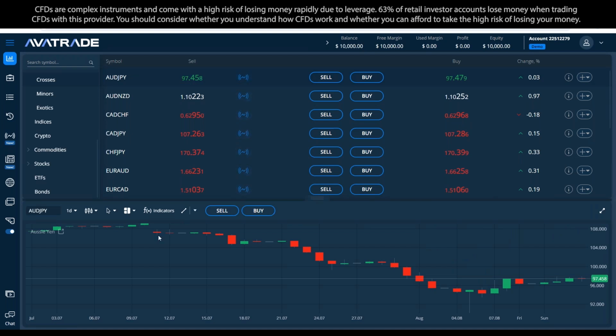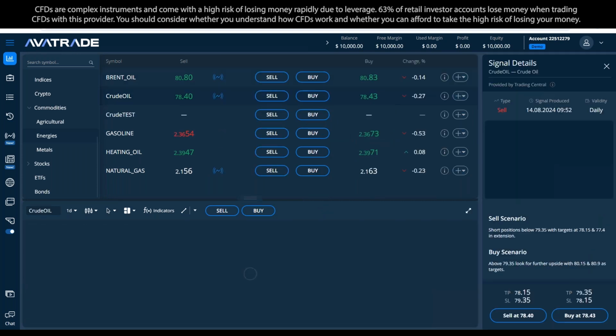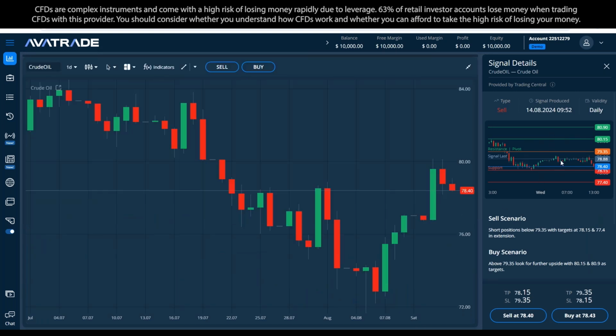What does that mean? Let me pick something that doesn't have it, and then we'll see. You see, as an example, gasoline doesn't have a signal, heating oil doesn't have a signal, crude oil has it. And a signal means that if I click it now and expand the chart, I can see that there is certain analysis pre-made for me as a signal.